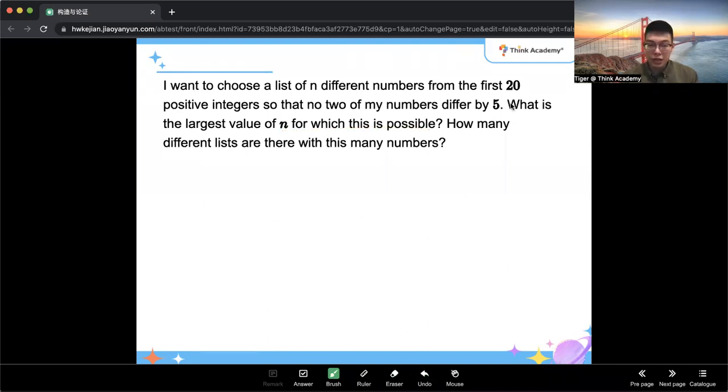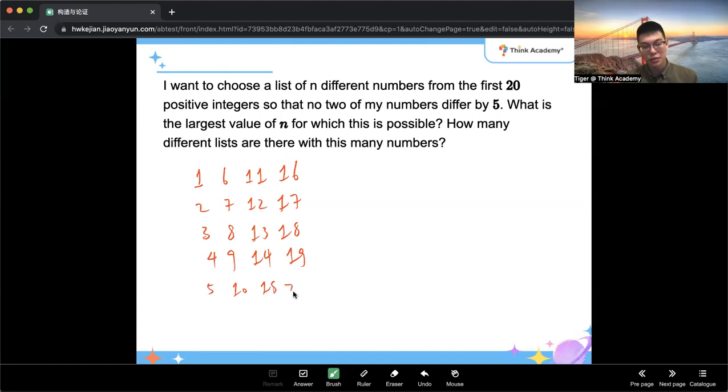So in order to do that, what we can do is to take the first 20 numbers and then put them into groups that have a difference of 5 first. So for example, 1, 6, 11, 16, 2, 7, 12, 17, 3, 8, 13, 18, 4, 9, 14, 19, 5, 10, 15, 20.